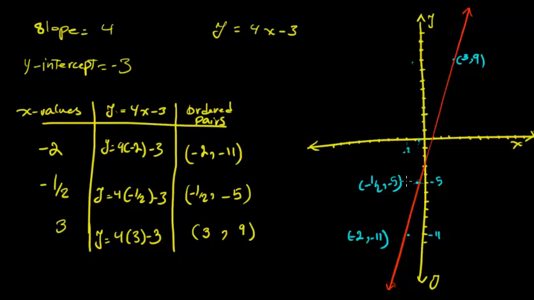As the intercept in this equation is minus 3, the line passes through the y-axis at minus 3. So we are done with this equation, and I think you are ready to do some exercises at home.